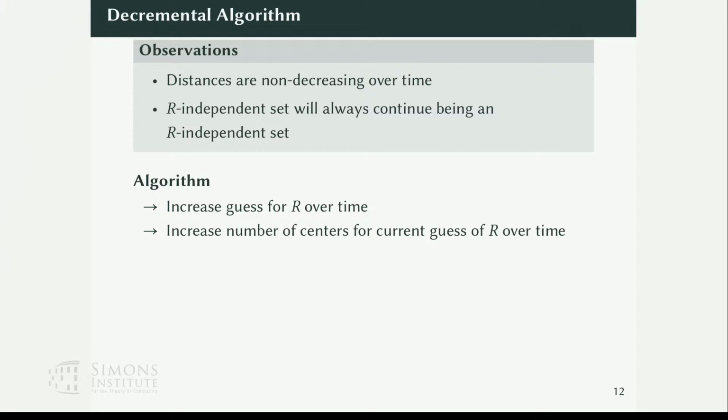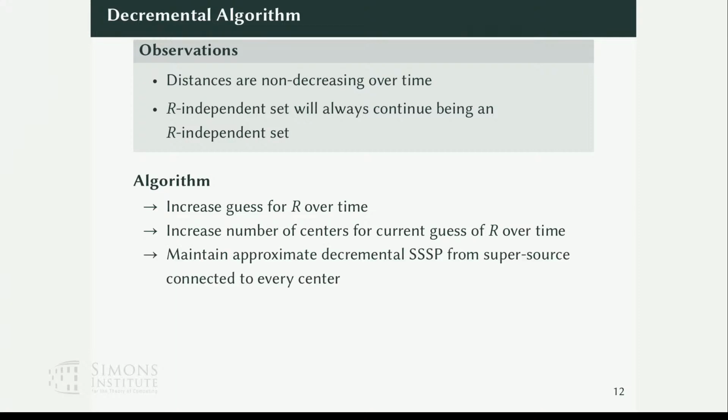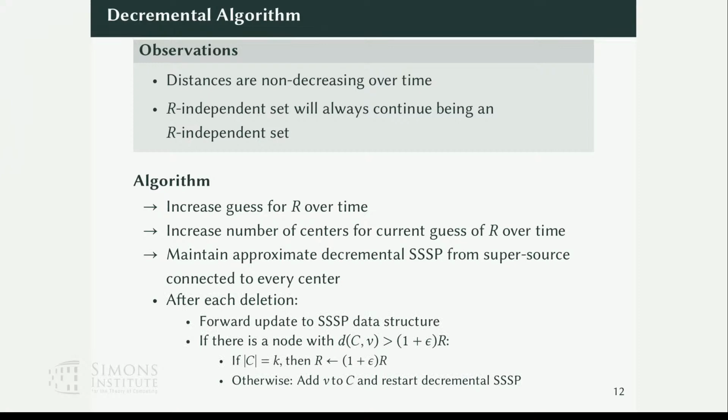First you try to do it maybe with k equals 1 center, then maybe 2, 3, until at some point maybe k centers do not suffice anymore, and then you need to increase your guess of R. Okay. And how we do it, similar to this reduction before, we maintain decremental approximate single source shortest path from some kind of super source that's connected to every center that you currently chose.